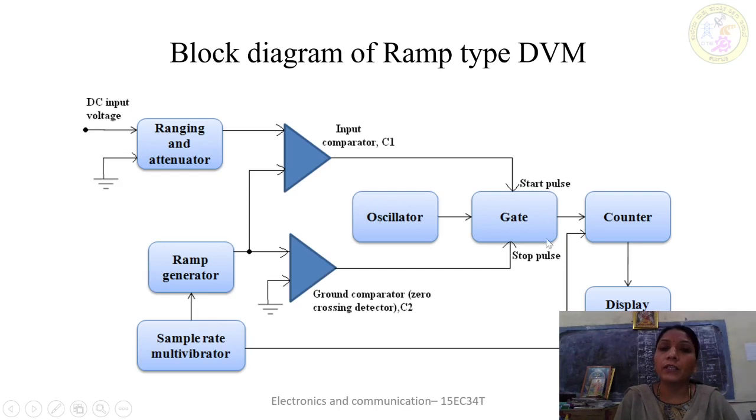The gate takes the input from the input comparator C1 and the comparator C2, and the gate starts counting when the start pulse is active. It counts the clock pulses from this oscillator, and these clock pulses are counted in the counter, and from this display unit the counted value will be displayed.